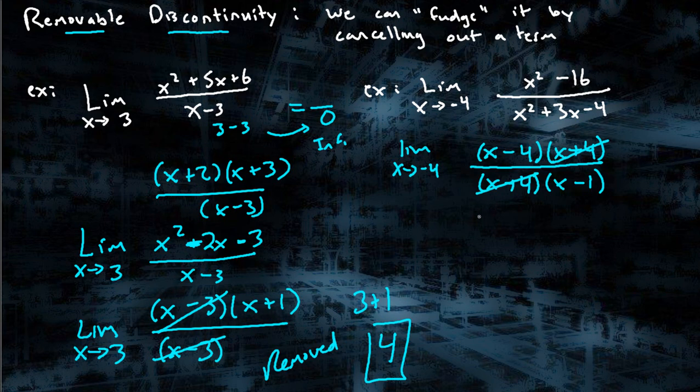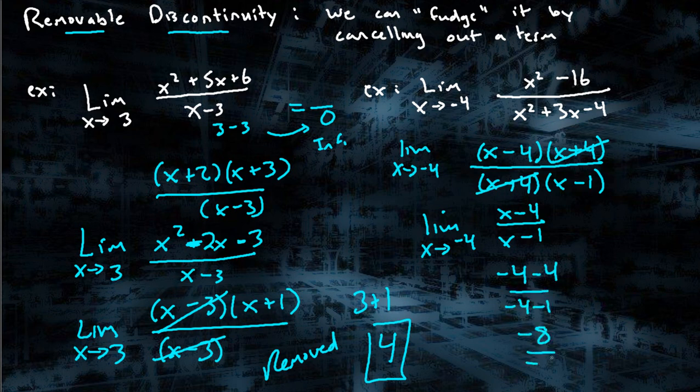All right, so I removed the discontinuity, hopefully. So now I have the limit as x approaches -4 of x minus 4 over x minus 1. So that's going to be -4 minus 4, -4 minus 1, so -8 over -5. So that's 8 over 5.